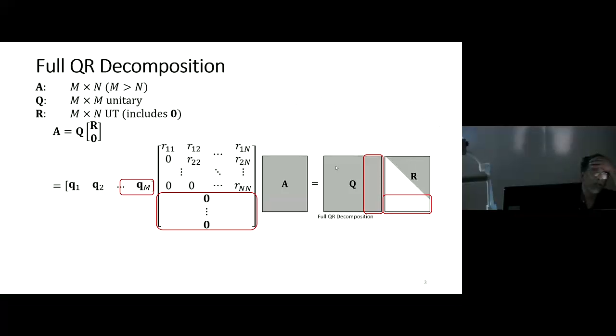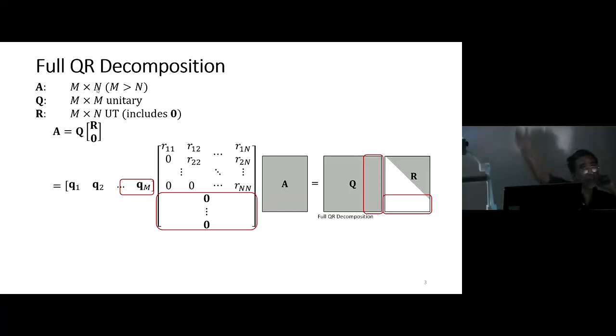Okay, so let's take this one column. Let's look at the last one, Qm. When we get the product, A will be m by n, correct?